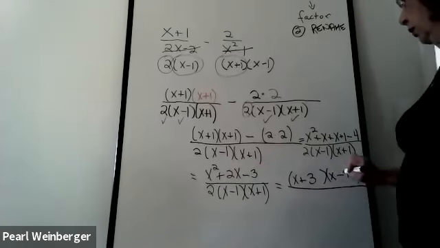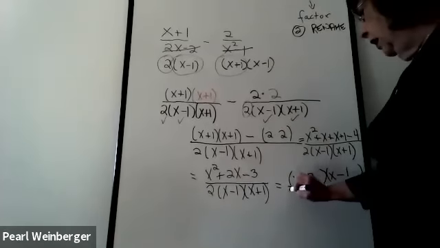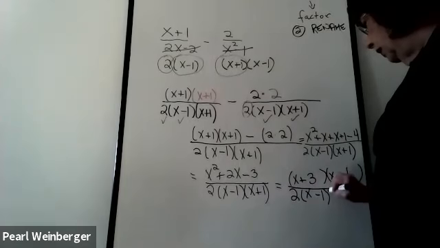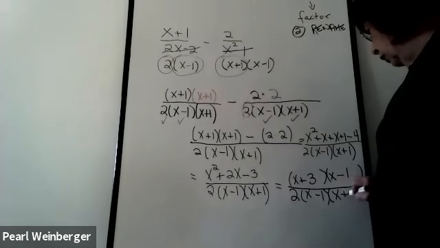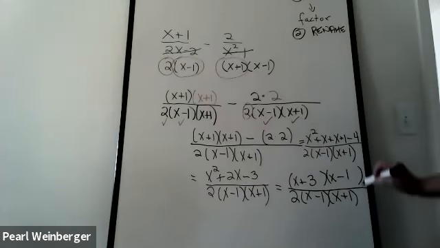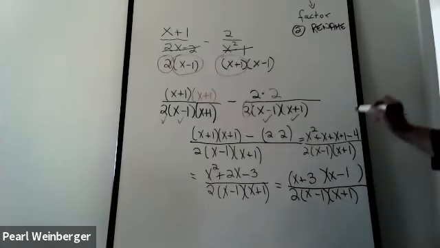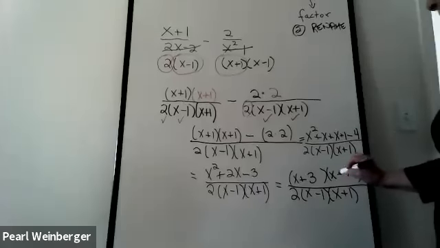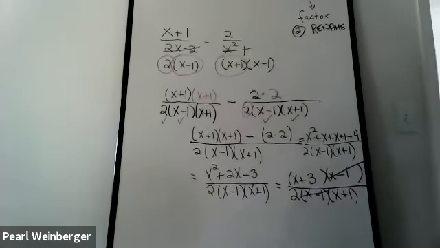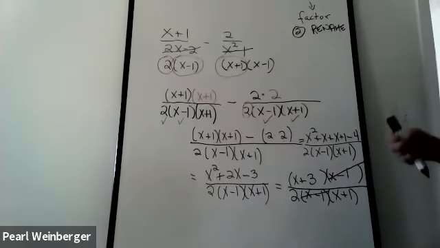I got x plus 3 times x minus 1, and that's all over 2 times x minus 1 times x plus 1. And I do see that I have a common factor in the numerator and denominator of x minus 1. I'm going to cancel out the x minus 1 from the top and the x minus 1 from the bottom.